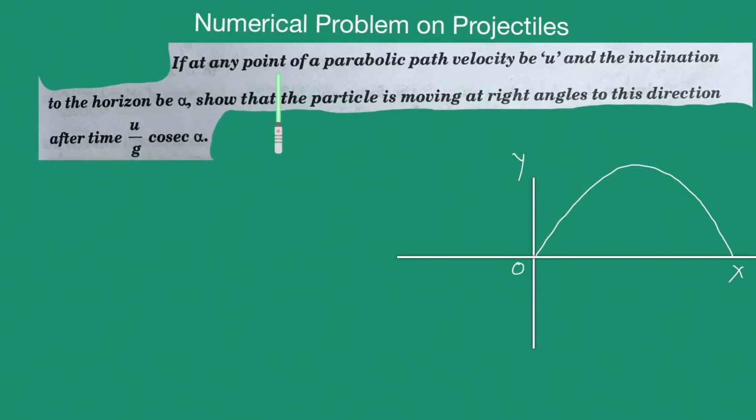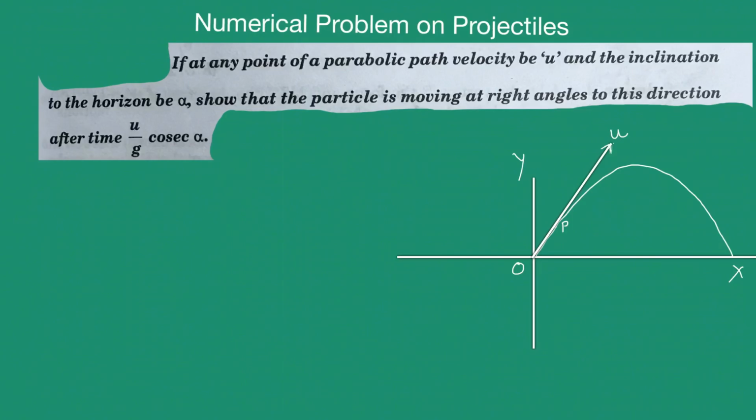Now, let us say any point on the parabolic path be this point, say this is P, and at this point the velocity is u at that particular point.